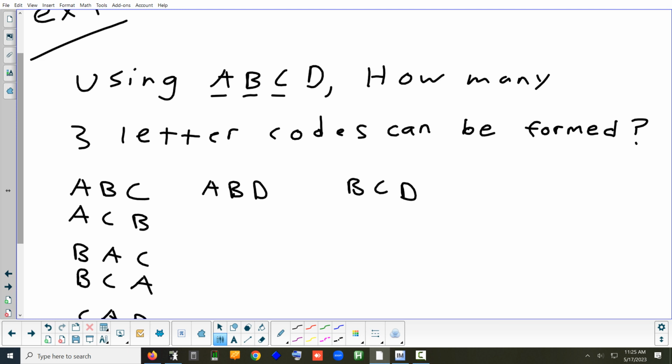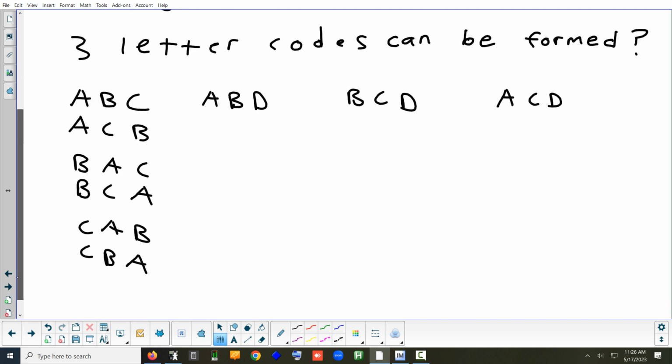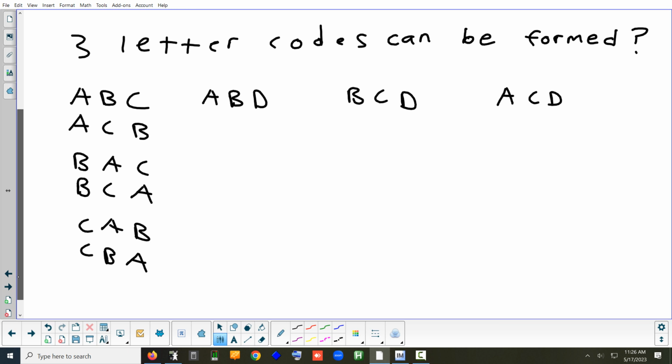So if you're getting stuck at, well, wait, which one is left? Look at the letter you left out. You left out the D. You left out the C. You left out the A. Which letter haven't we left out yet? Yeah. We haven't left out the B yet. So you could do A, C, and D. And for each one of these, you could generate 6 arrangements.